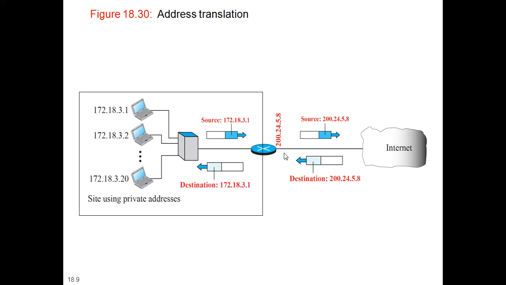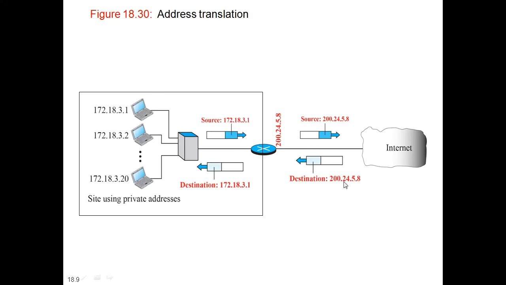This address acts like a source from this side, whereas this acts like a destination. The actual private address is converted to a global address and reaches the destination, and from the destination side it becomes the source, and this becomes a destination.